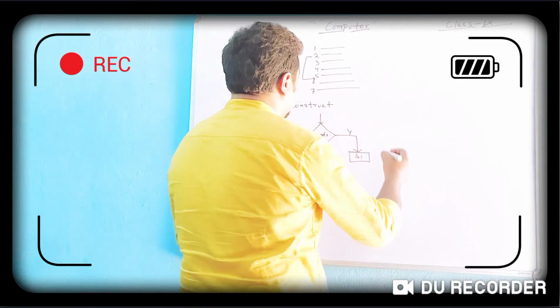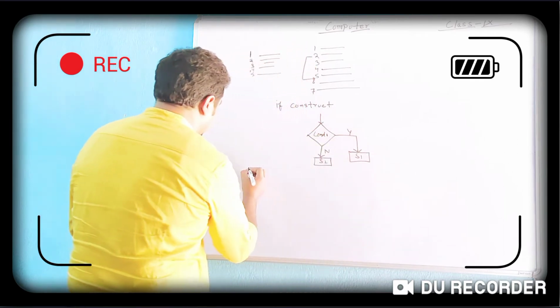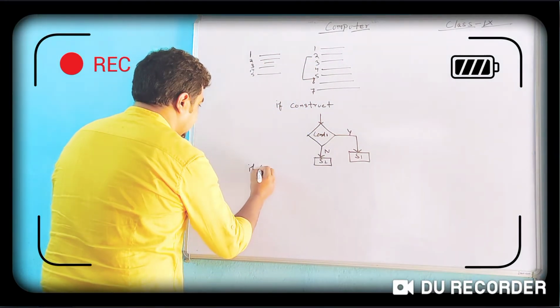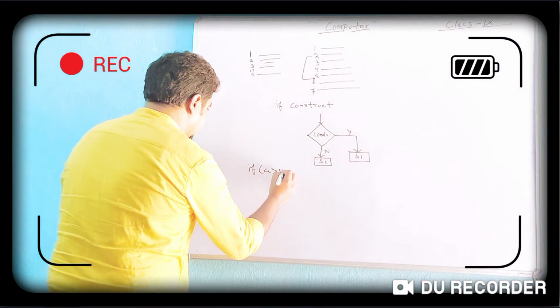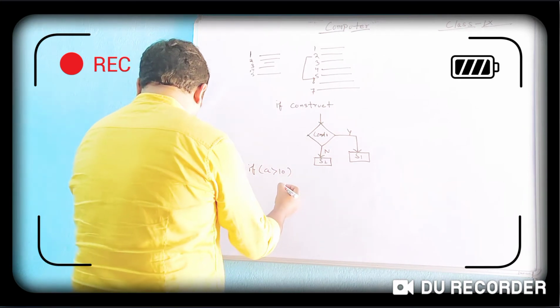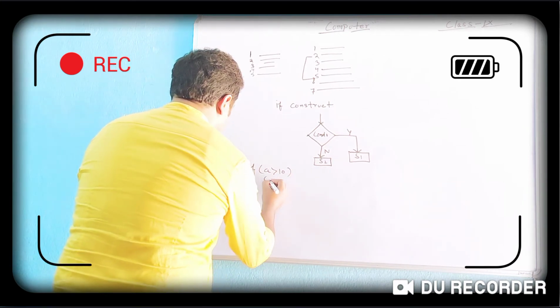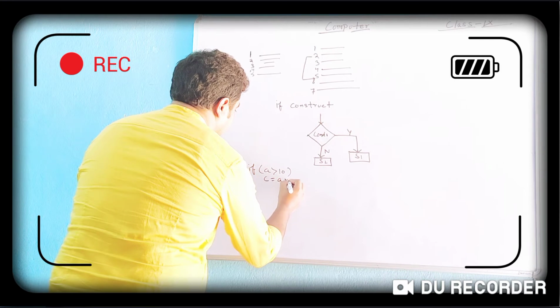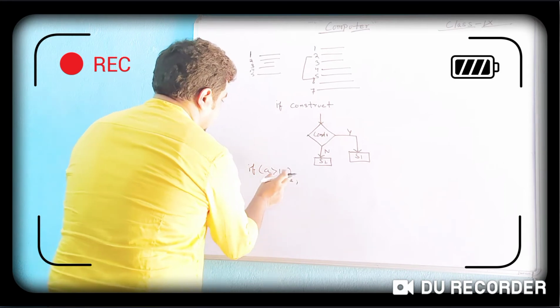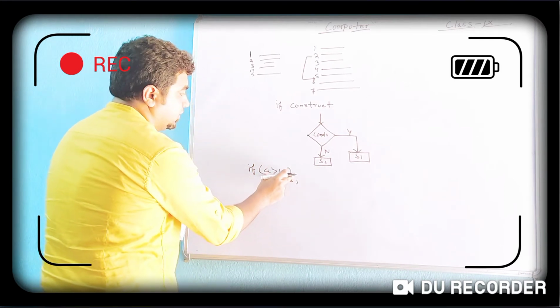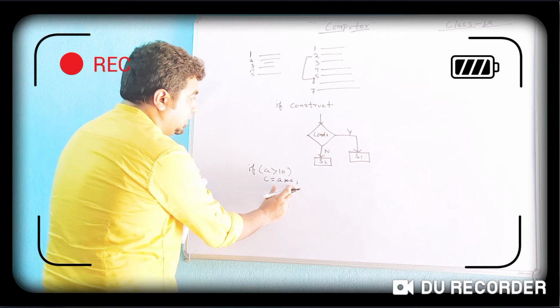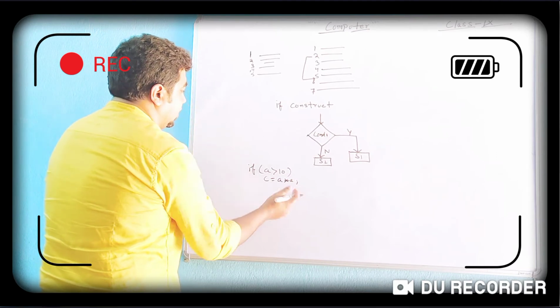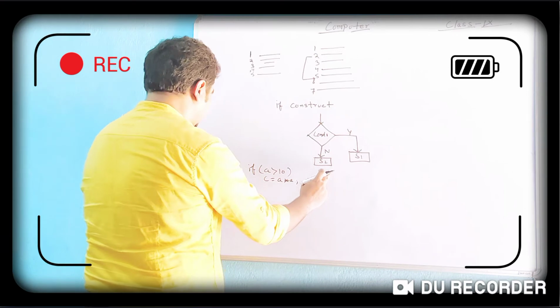Here is one example: if a greater than 10, then you can write c is equal to a into a. If this condition is correct, then this will be executed, otherwise it will not execute, as no else part is present.